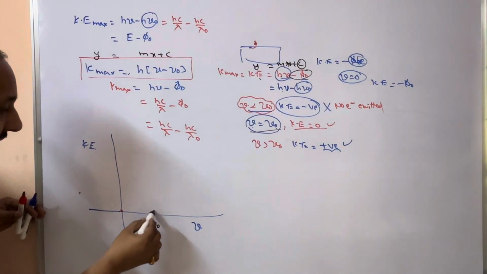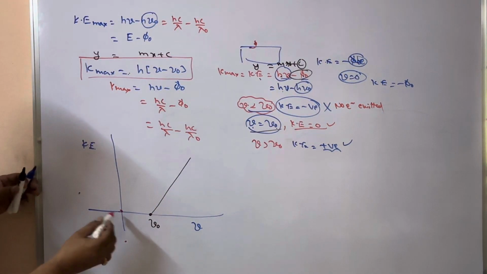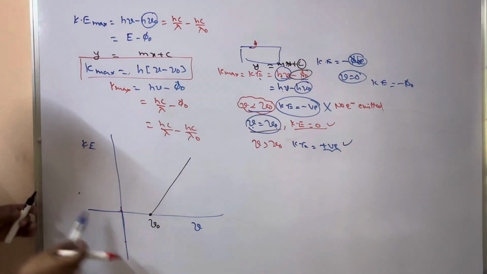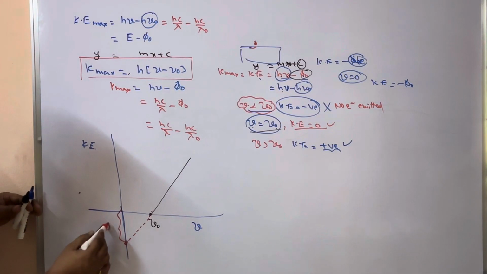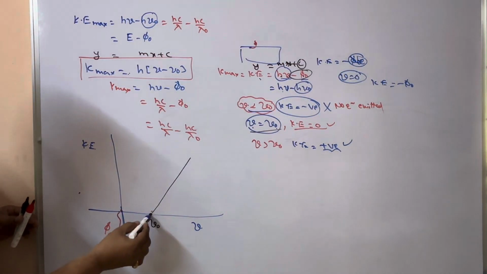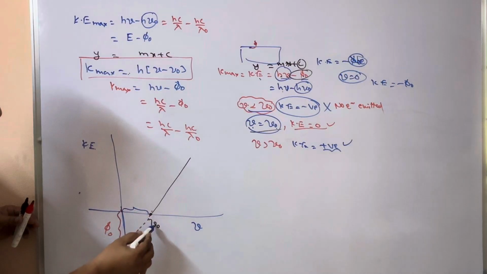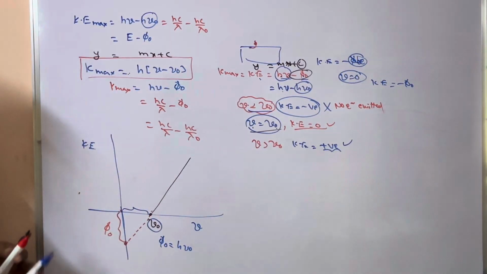Therefore, the graph will be coming like this, a straight line but not passing through origin. If we extend this, this is going to be phi naught, the work function we are going to call. Otherwise, this frequency we are calling nu naught. From this also you are going to get the work function, because phi naught is going to be h nu naught.